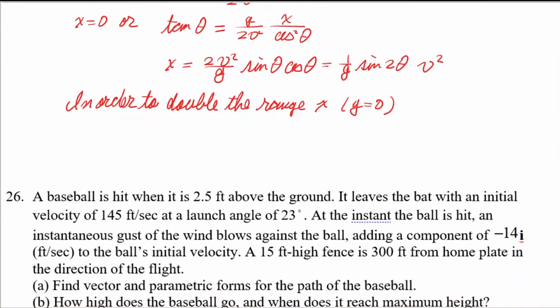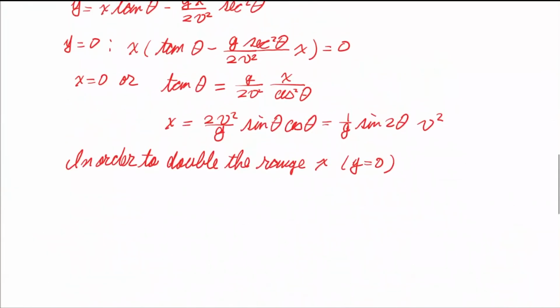Let's try that. That actually sounds like a pretty good idea, right? So what we want is 2x, double this side. And the other side, we want 1 over g sine 2 theta. This is just a constant, right? And then we want k v squared, and we want to know what that k is.